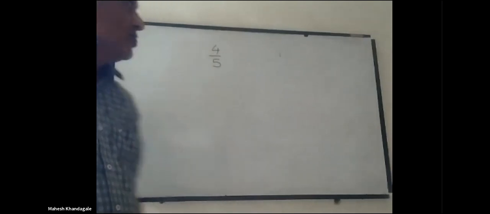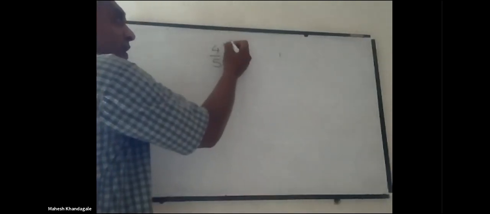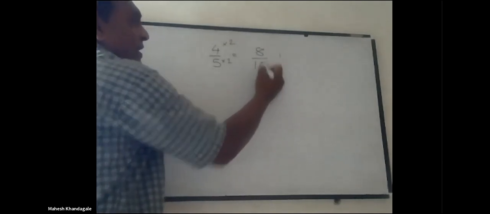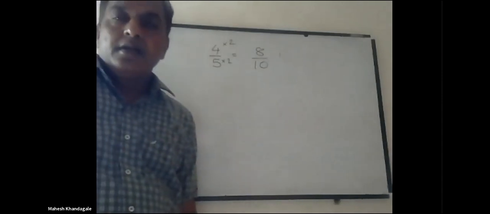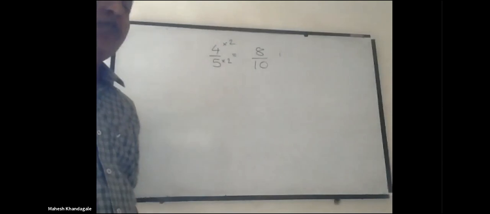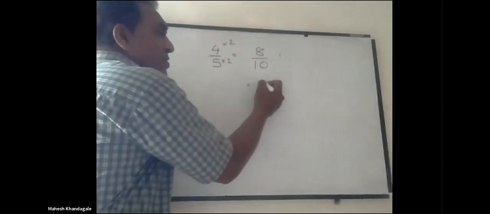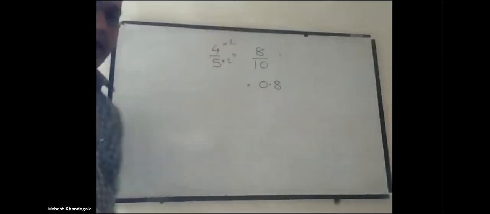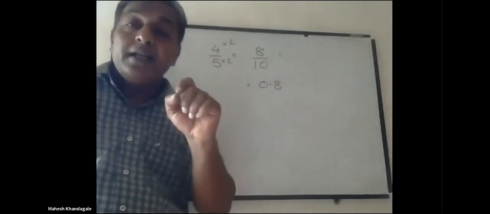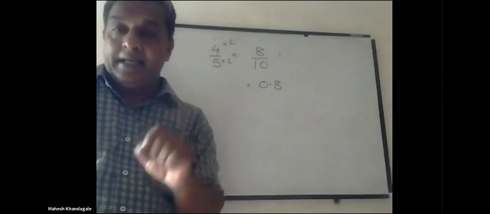So this is multiplied by 2, and this is multiplied by 2. So that will become 8 upon 10. And 8 upon 10 in decimal, how will it be written? Simple, 0.8. So whenever the denominator is 10, you write the number as 0.8.